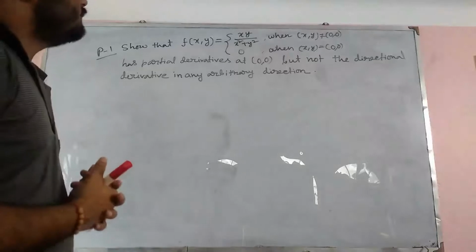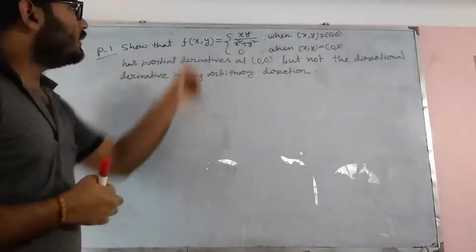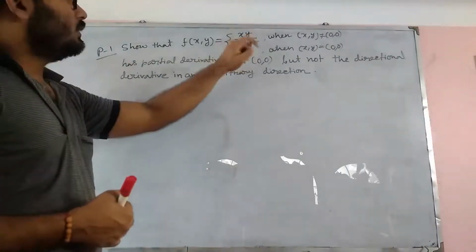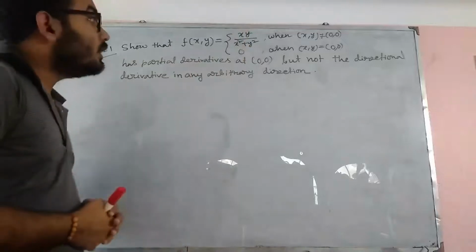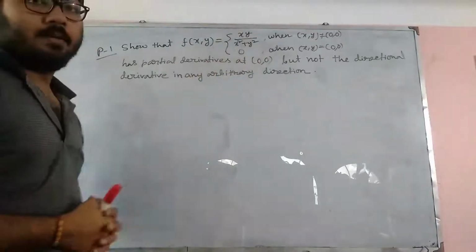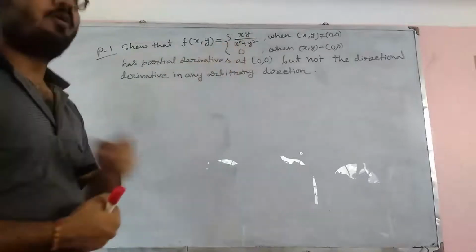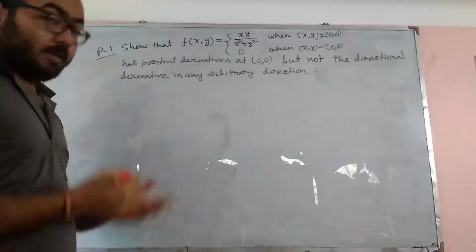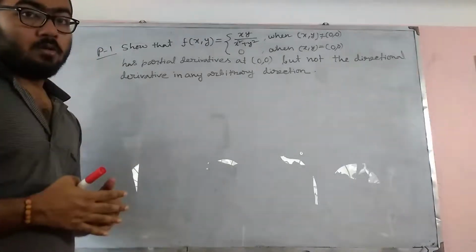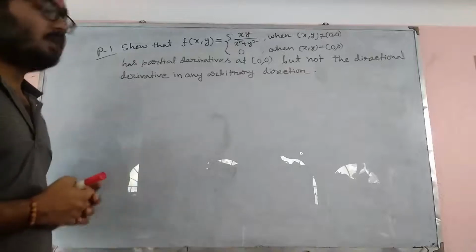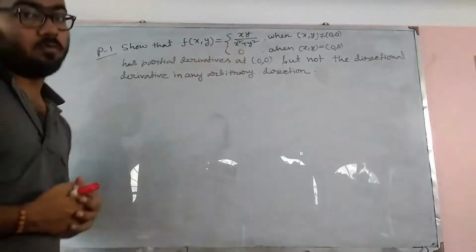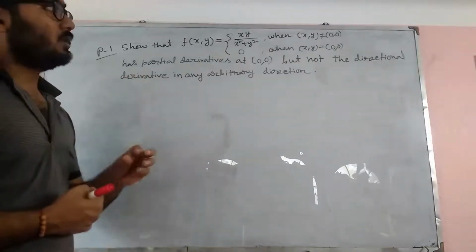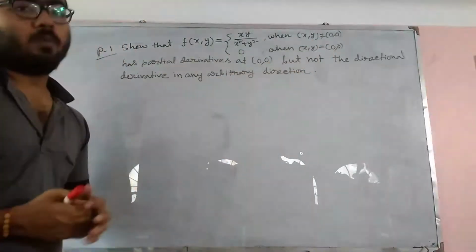See, at first I have to clear this thing. If we put x equal to 0 and y equal to 0 here, then the form is indeterminate. But if we are trying to find the partial derivative of this function at 0, 0, then we have to put this point in our domain.